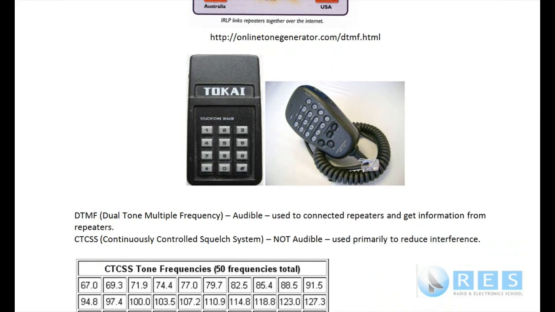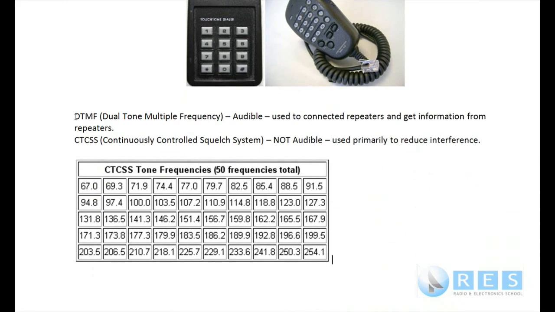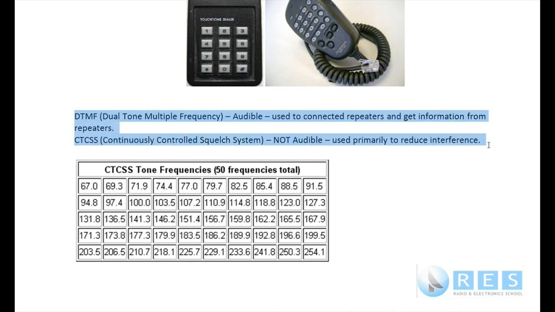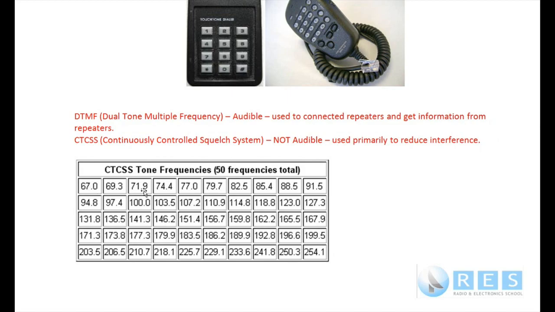Just going to scroll down. I've done a summary there of the two tones in writing, and these are the CTCSS tones. You do not have to remember any of these. You need to remember what I've put here. But you can see with the CTCSS tones, the highest one's 254.1 hertz. So you're not going to hear these. They're below our hearing range, and we use them.